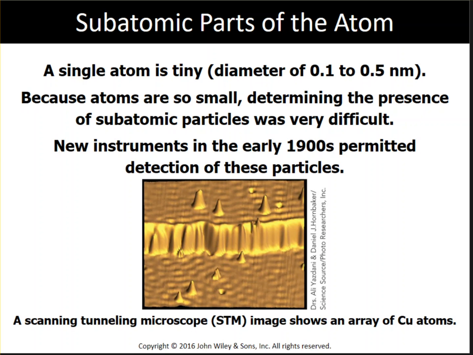The diameter of a single atom is between 0.1 to 0.5 nanometers. And remember that nano is a very small unit. So basically this is 0.1 times 10 to the negative 9 to 0.5 times 10 to the negative 9 meter. And as you see, this is very small.